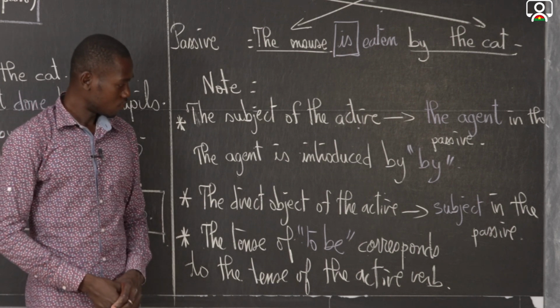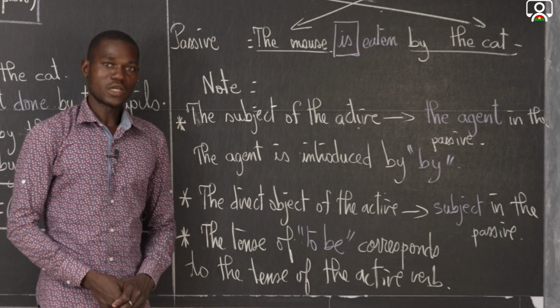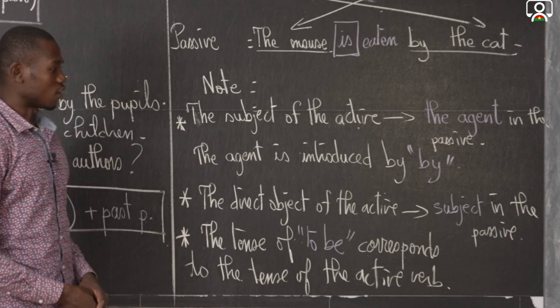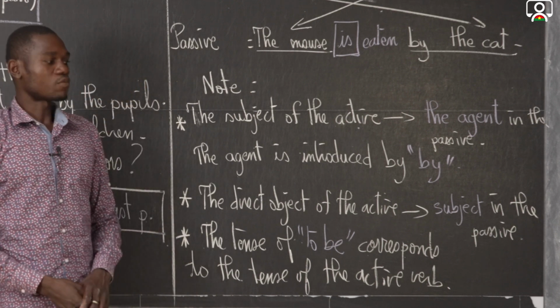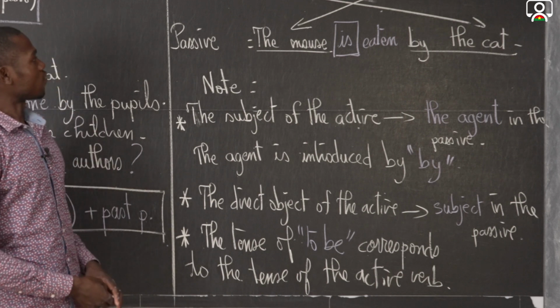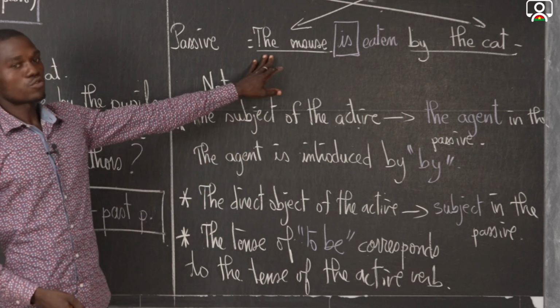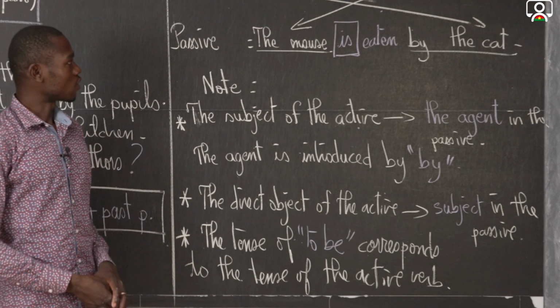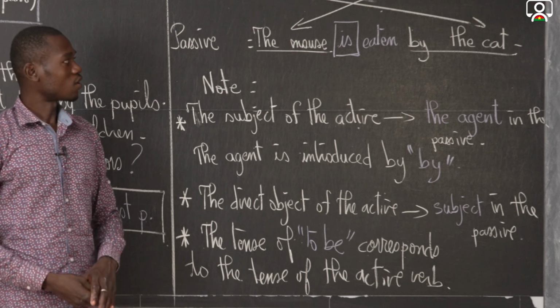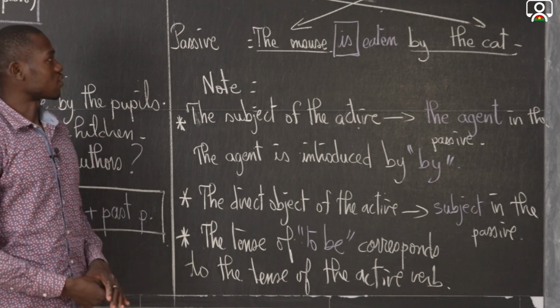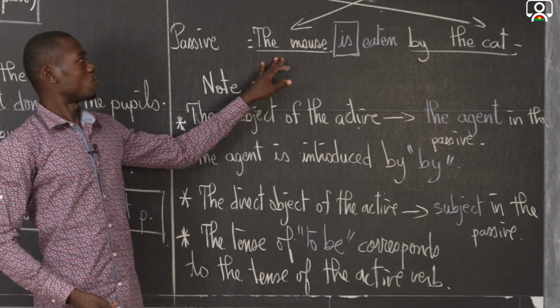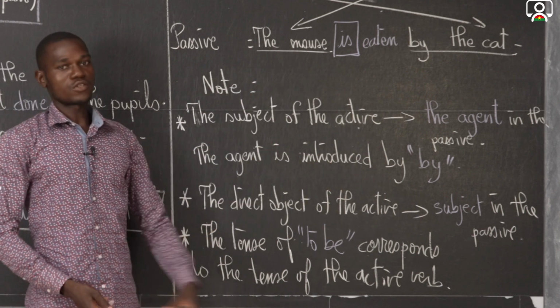So you see, also bear in mind that in the passive, the subject undergoes the action. Donc, à la voix passive, le sujet subit l'action. Okay? The mouse is eaten by the cat. Donc, ici, la souris est mangée par le chat.